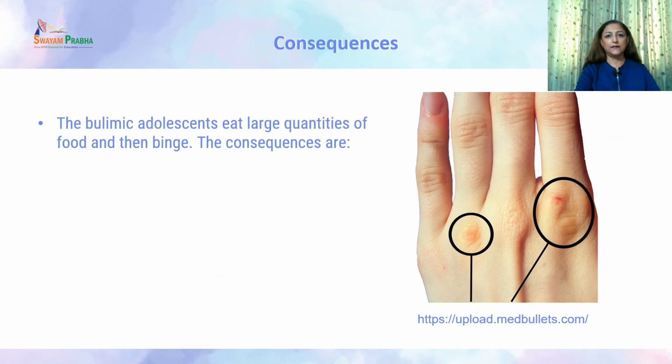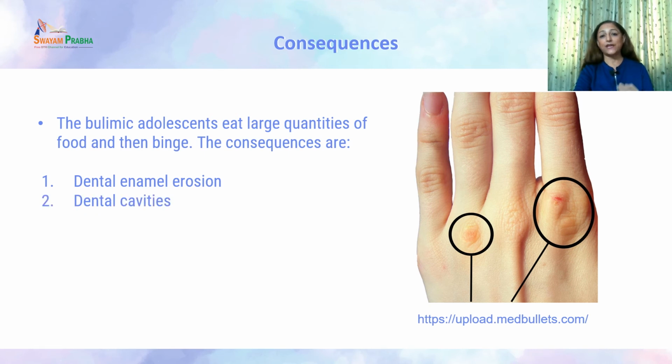The bulimic adolescents eat large quantities of food and then get rid of that food. Because of repeated induced vomiting, the acid of the stomach can erode the dental enamel, and dental cavities can occur.